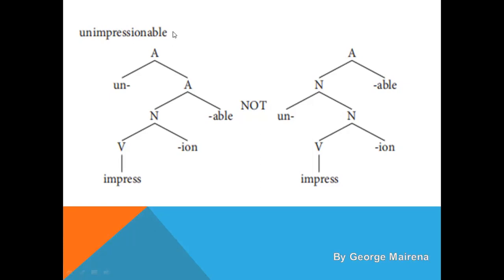Impressionable, we have the adjective, but within this adjective we have a noun and the affix able. Why noun? Because we have a verb, impress, and we have the affix ion, okay? You understand?